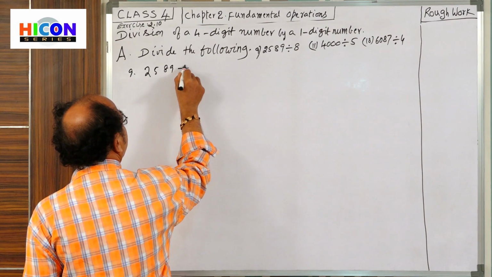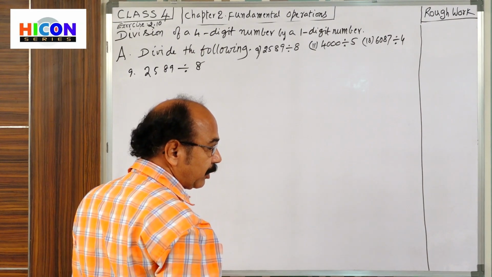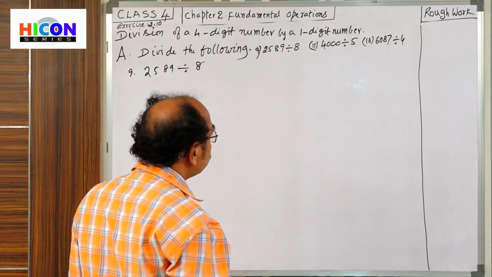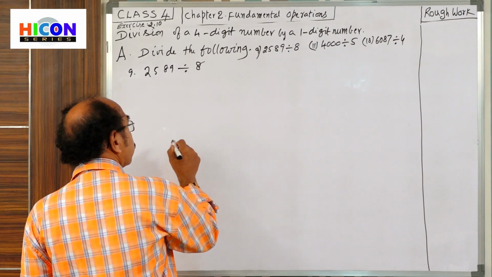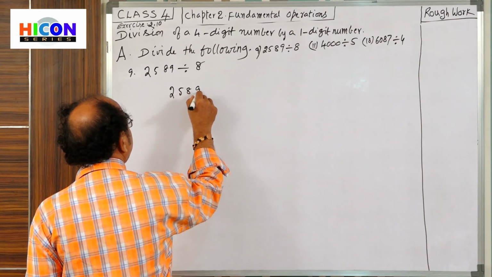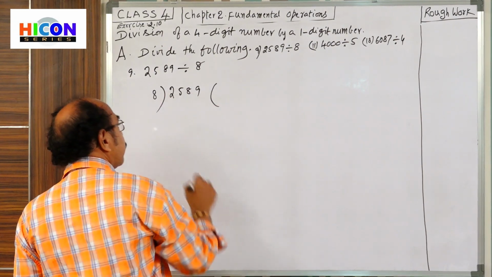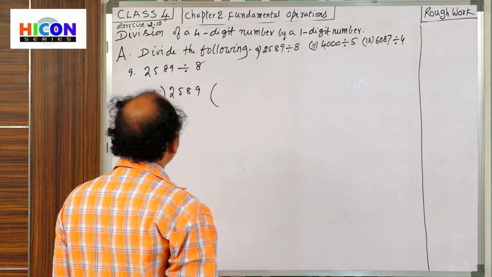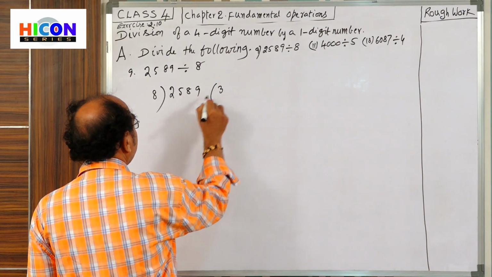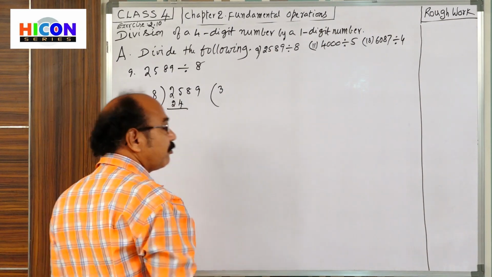2589 divided by 8. First of all, you see the actual division. 2589 divided by 8. Here 8 threes are 24.